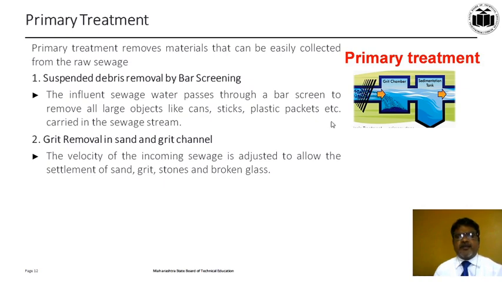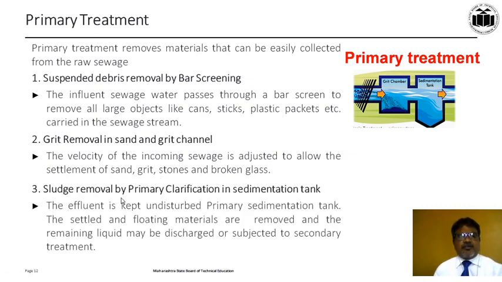Here, in the grit chamber, the velocity of the incoming sewage is adjusted to allow the settlement of grit. Third unit is the primary settling tank. It is also called the primary clarifier or primary sedimentation tank. The effluent is kept undisrupted in the primary sedimentation tank.